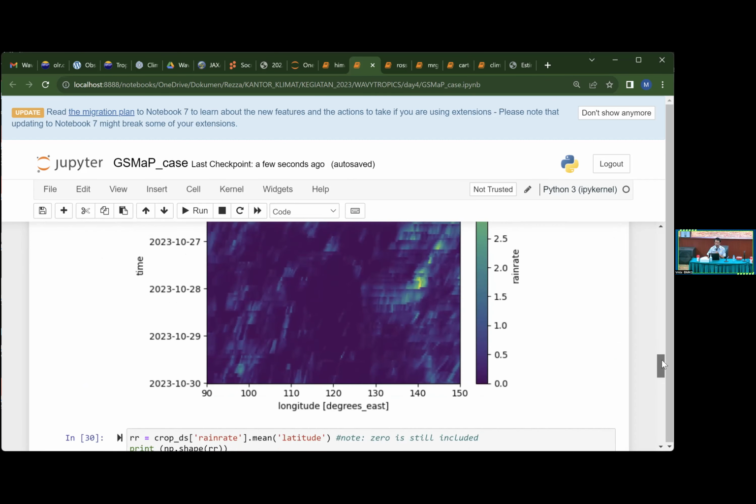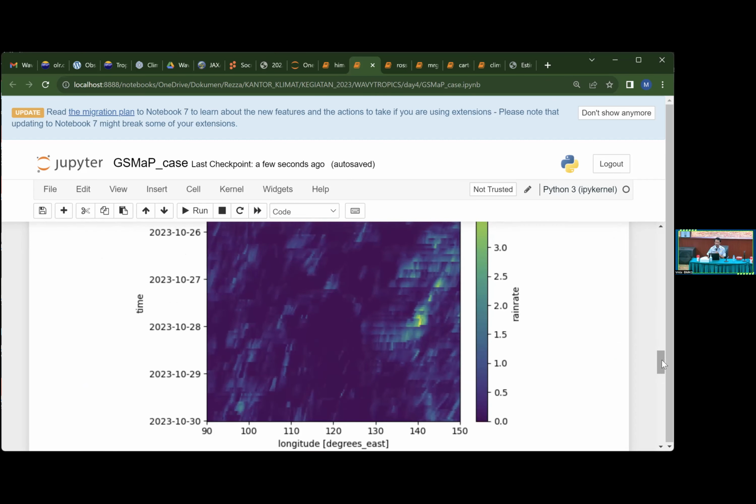And after that, when you want to filter some wave, for example, Rossby wave or Kelvin wave, what is the maximum or the limitation of the frequency resolution? It will depend on your data time resolution.